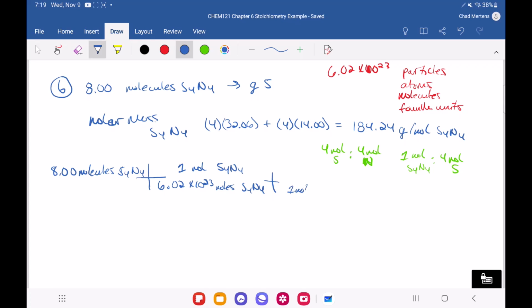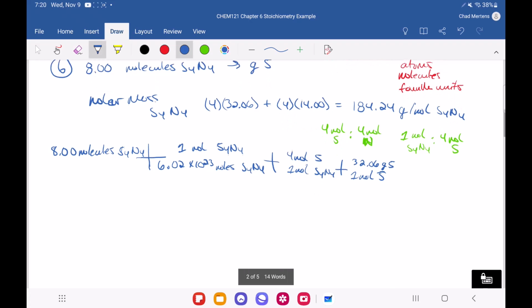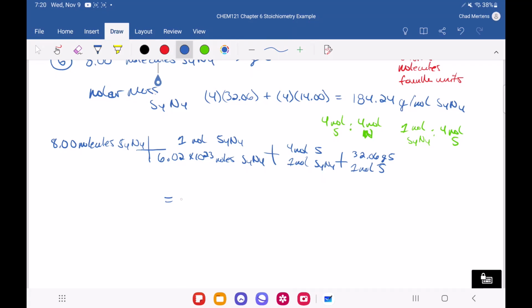So for 1 mole of S4N4, we have 4 moles of S. And to cancel moles, we know we can use 1 mole is equal to the molar mass. So 1 mole of sulfur is equal to 32.06 grams of sulfur. If that is plugged into your calculator, you will get 1.704 times 10 to the negative 21st grams of sulfur.